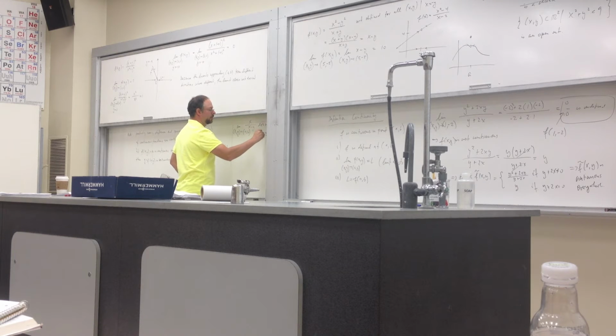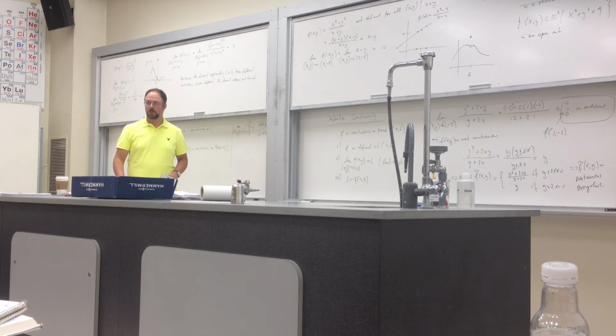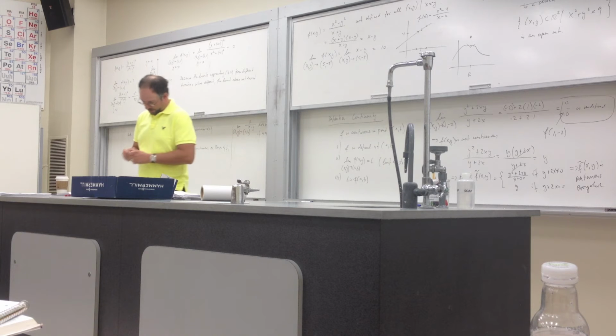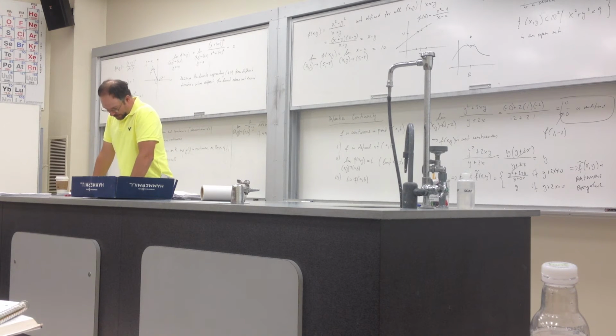If a is not equal to b, what else do we have here? If f is not continuous at a, b, then necessarily f of a and b is not defined. Is that true? If f is not continuous at a, b, does that imply that f is not defined at a, b?